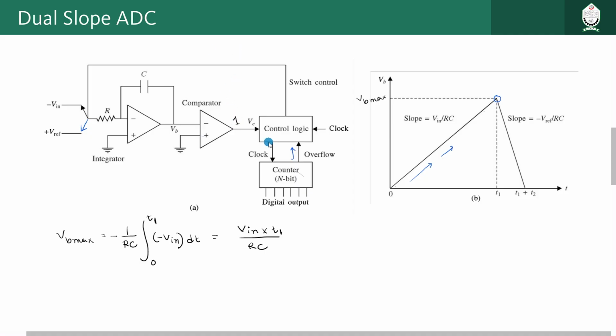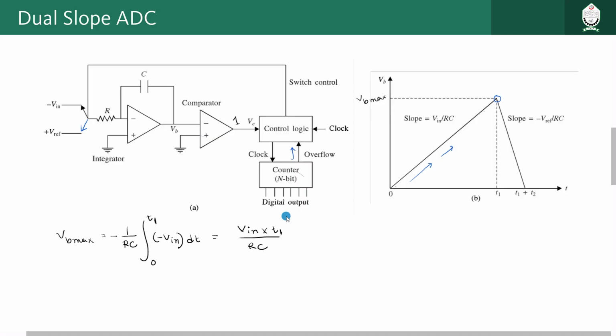So there will be a high signal coming to the VC, and based on that VC will understand that the overall process is complete, our conversion is complete, and this clock will not pass through the control logic to the counter. The counter will stop its counting, and whatever digital output we have got will be the final digital output of the corresponding analog data we have provided at the input, right? So everything will stop, and our conversion is complete.